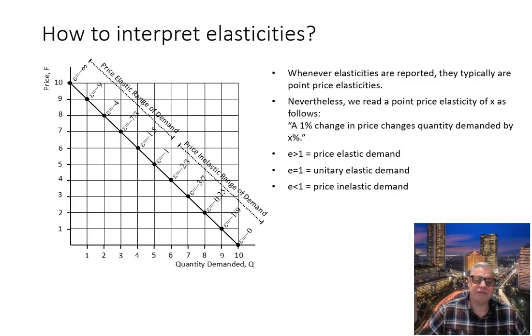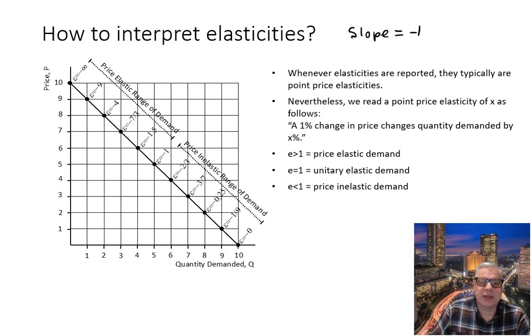Okay, so now if we have our example here, we can determine the price elasticity of demand at every point. So what is the slope of the demand function? Well, that's pretty easy. The slope is -1. Now what is the price elasticity at this point here at 10?